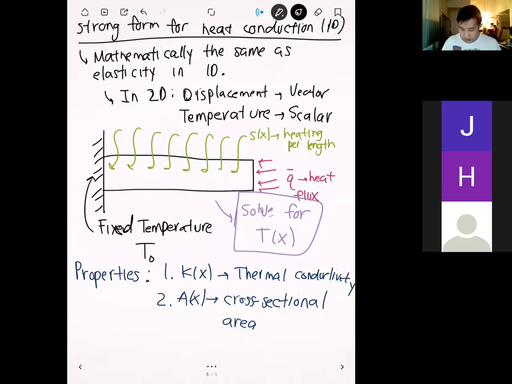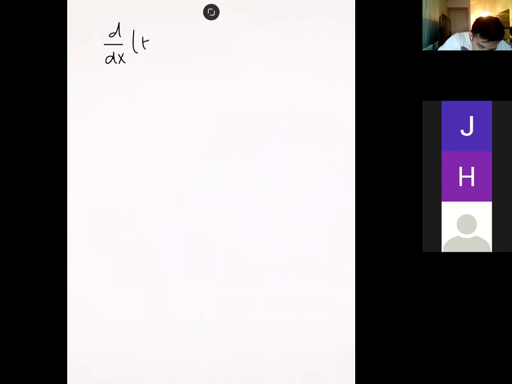Okay, so let's write out the strong form of the equation. If you break it up into tiny slices, and in this case, instead of doing a force balance, you do an energy balance, you do all that, yada yada, and then you get the following: d dx of k a dT dx plus S of x is equal to 0.